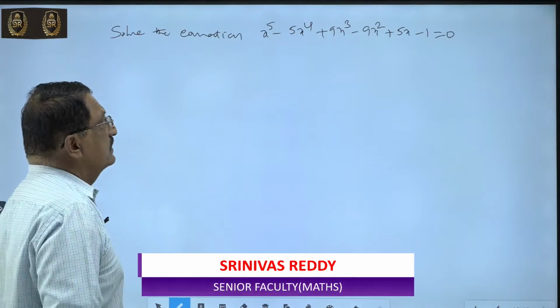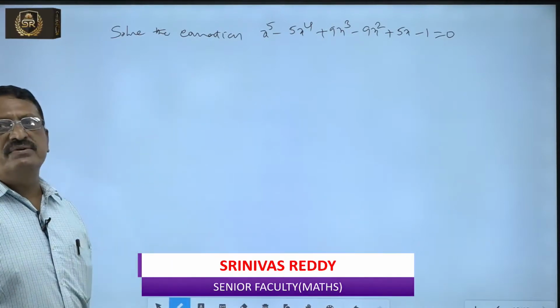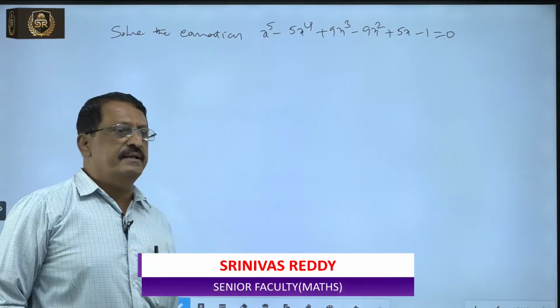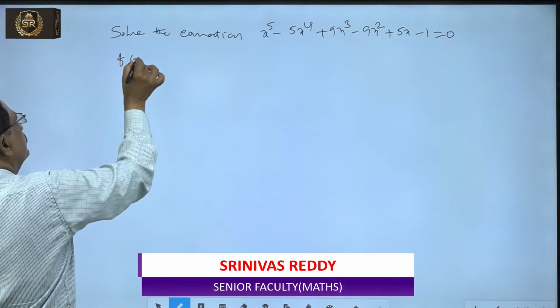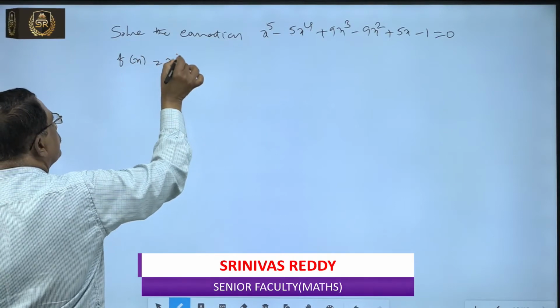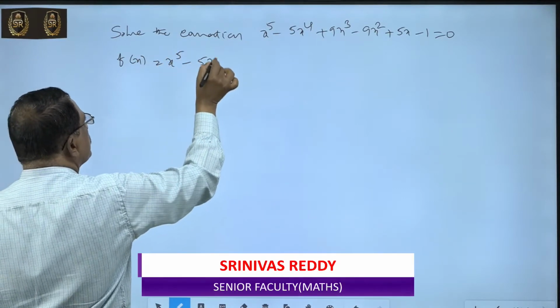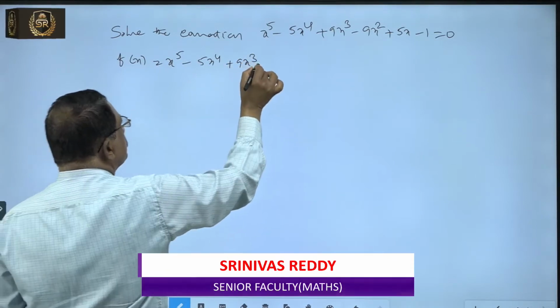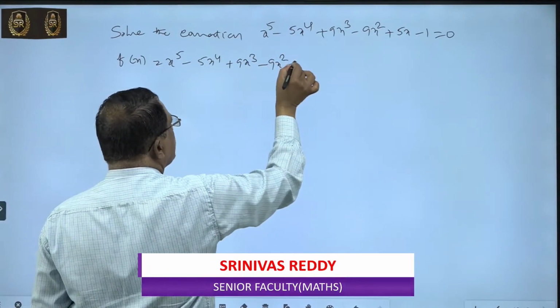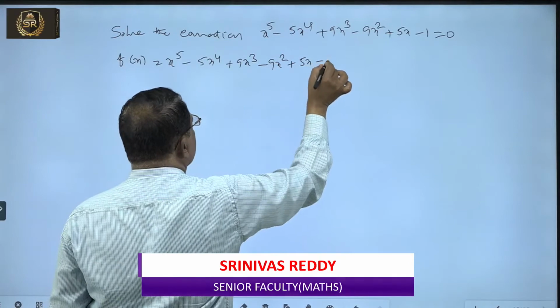Solve the equation. Now here the given equation is a fifth degree equation, which means it is odd degree. Now the given equation f of x equals x to the power of 5 minus 5x to the power of 4 plus 9x cube minus 9x square plus 5x minus 1 equals 0.